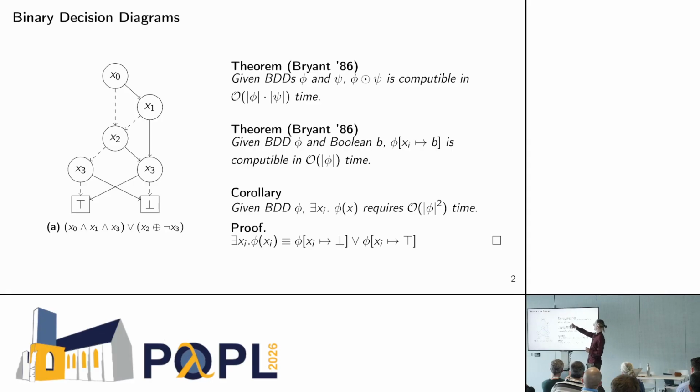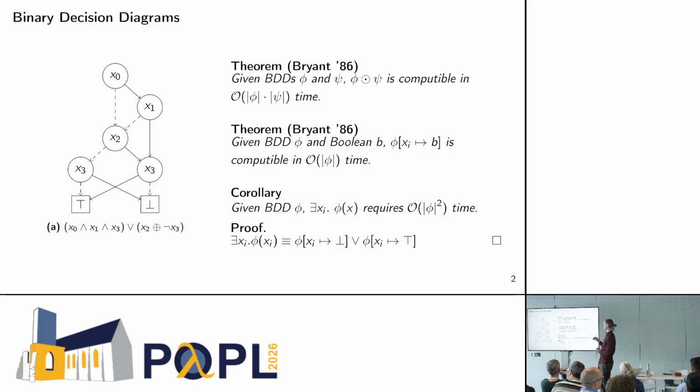If you have a formula phi and some formula psi, and you want to compute the and, the or of them, you can do that in time based on the size of the BDD, not the complexity of the formula. You might have a very complex formula, but the BDD is teeny tiny, and because of that, your computation runs really fast. Of course, the BDD can also explode and become exponentially big, but then you have troubles.